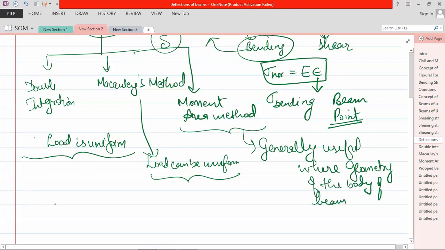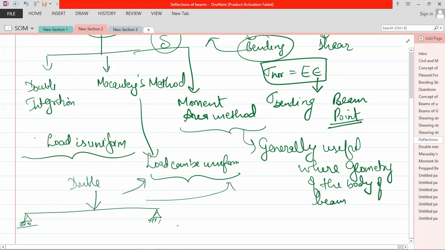Suppose this is the beam and this is a support. You apply one load, you can easily solve it with the double integration method. You can also solve it with Macaulay's method, and you can also solve it with the moment area method.